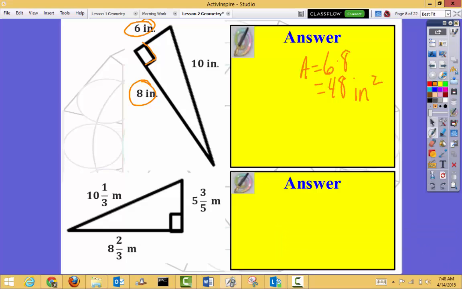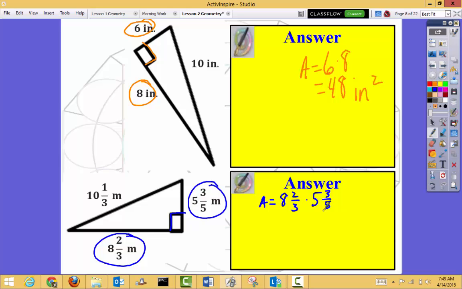All right, so my next one, you'll notice it has fractions with it, but the process is still the same. I'm looking for that right angle, and my base and height are whichever sides touch that right angle. So 8 2/3, 5 3/5. So it's going to be area equals 8 2/3 times 5 3/5.